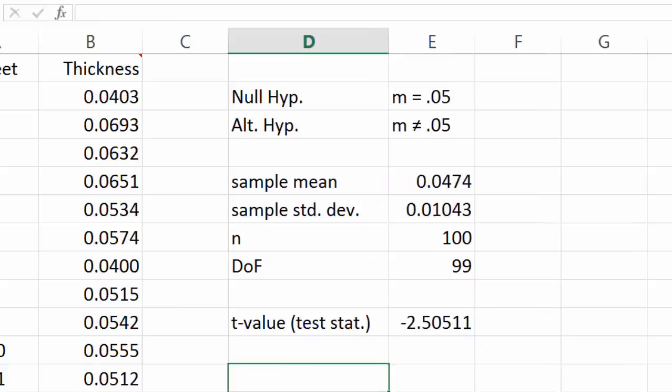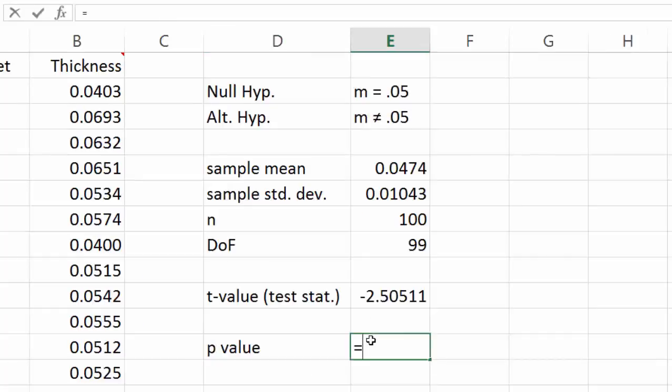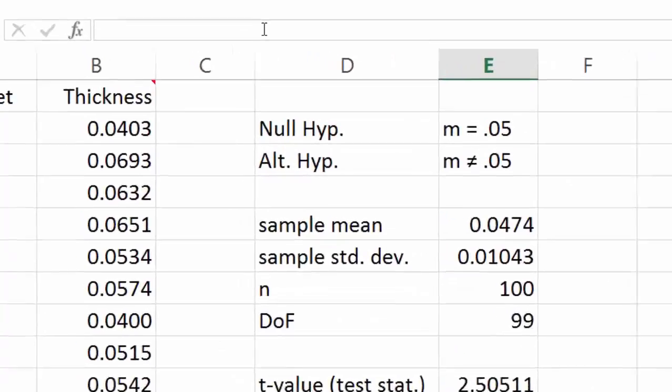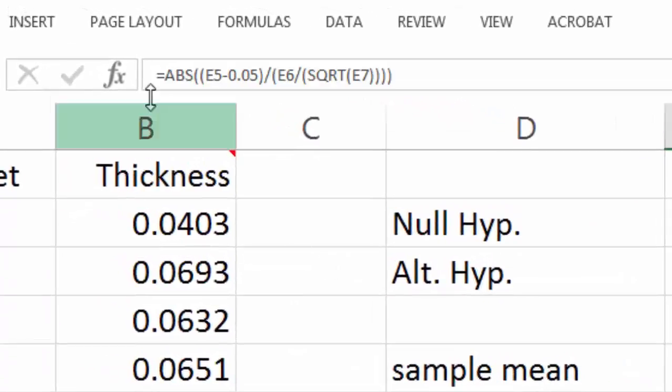And from that, my p-value is T.DIST.2T. Again, we're just looking for a difference, not in one particular direction, so it's a 2T. This t-value and this degrees of freedom. And a problem here is that Excel won't calculate a T.DIST, it looks like, with a negative number, so I'm just going to change that to the absolute value. And notice what I did there. I nested my t-value function within an absolute value function.